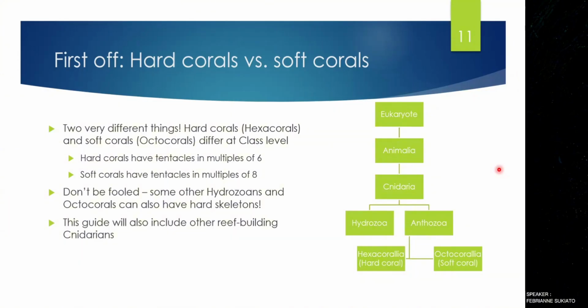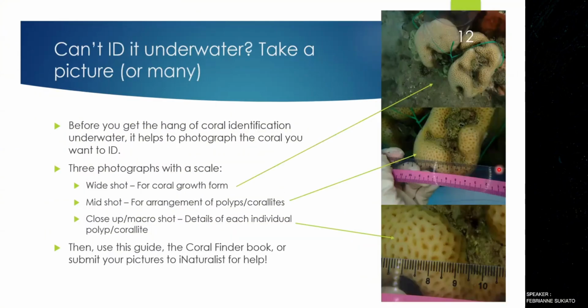Now, there are some hydrozoans, which are more closely related to jellyfish, and there are some octocorals, soft corals that actually have skeletons. So both of these have several species that do form calcium skeletons, how we think of hard coral. I did put them in this guide, but you should definitely make a note that these are definitely different than our standard hard corals.